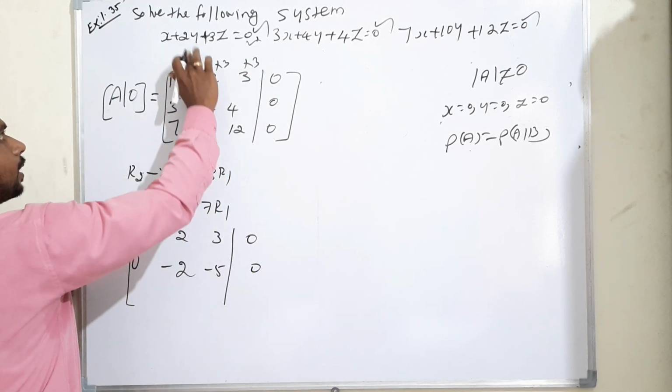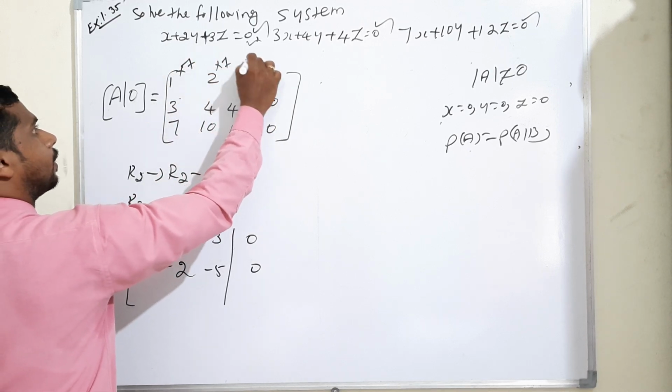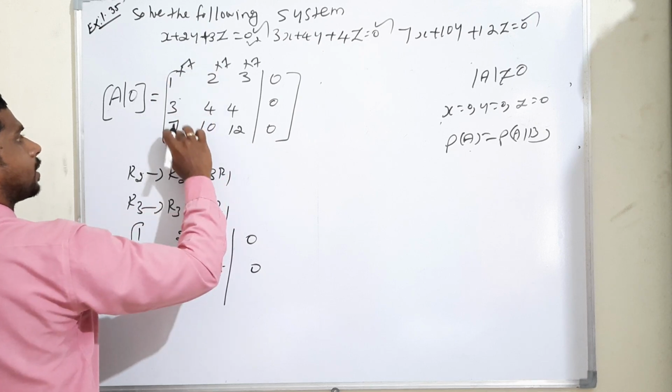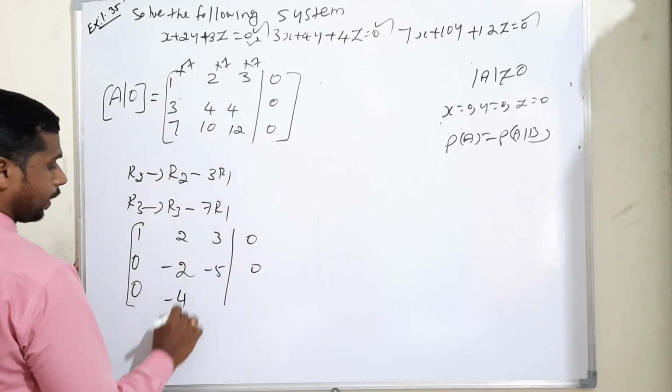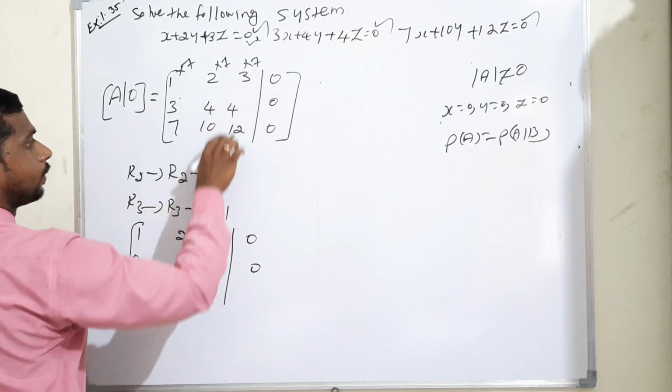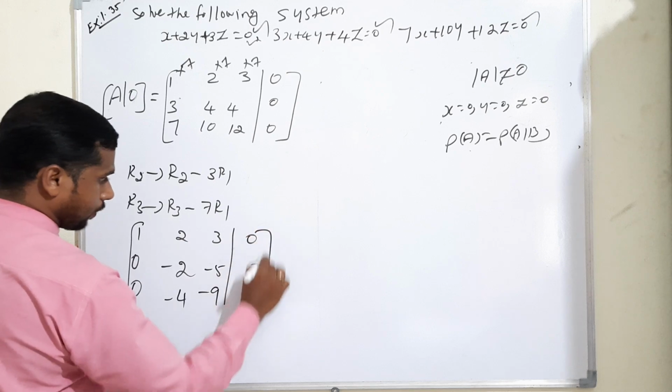Next, multiplying by 7: 7 minus 7 is 0; 10 minus 14 is minus 4; 12 minus 21 is minus 9; and 0.